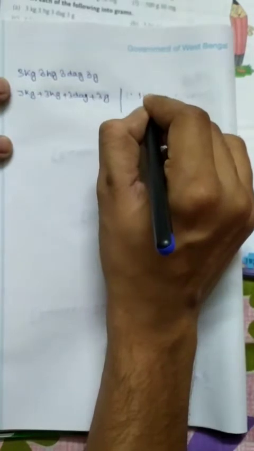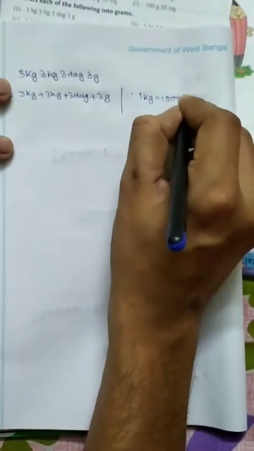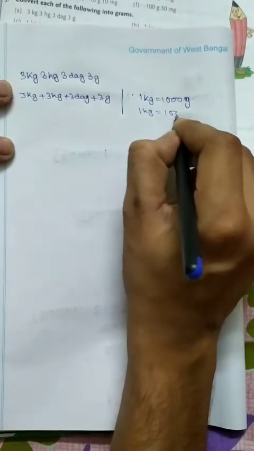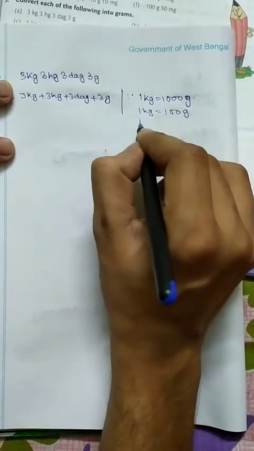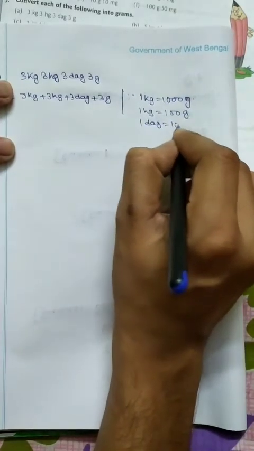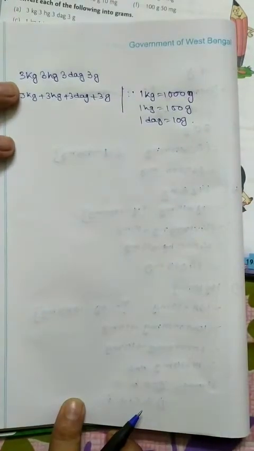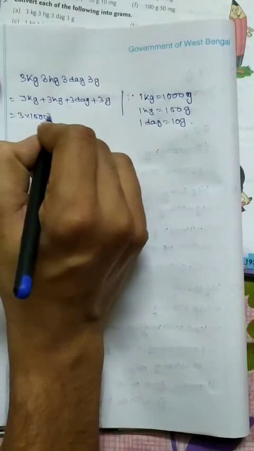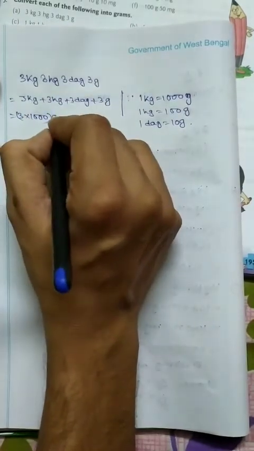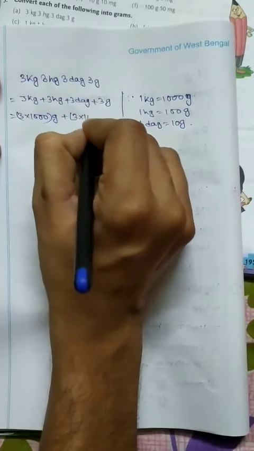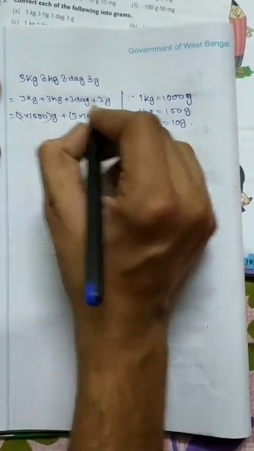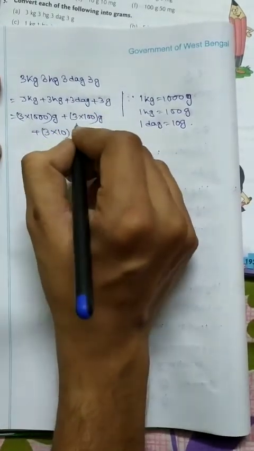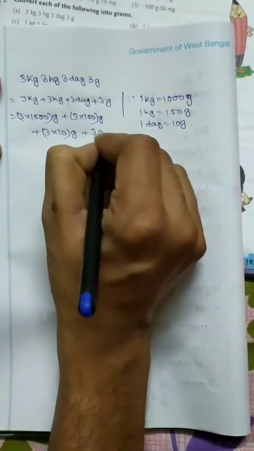Okay. So we know 1 kg equal to 1000 gram. Okay. 1 hectogram equal to 100 gram, and 1 decagram equal to 10 gram. So when we multiply 3 by 1000, kg converts into gram, and 3 multiplied by 100, then hectogram converts into gram, and 3 multiplied by 10, decagram converts into gram, plus 3 gram.